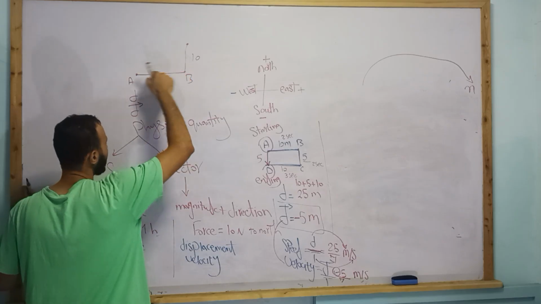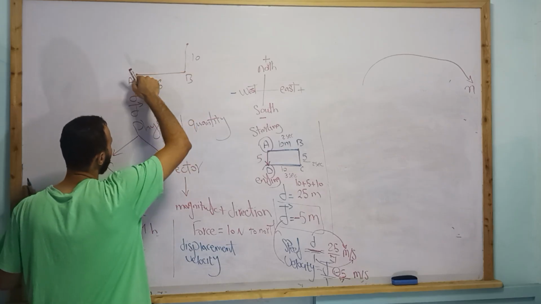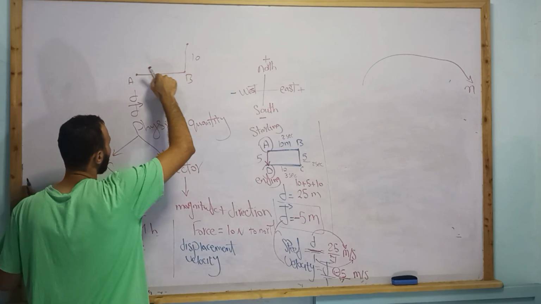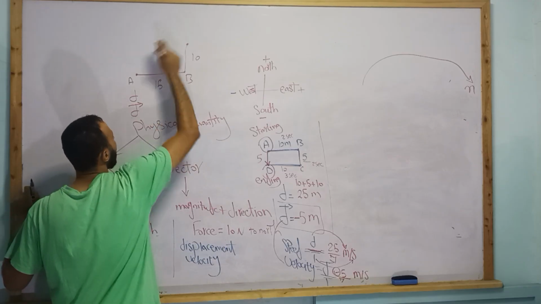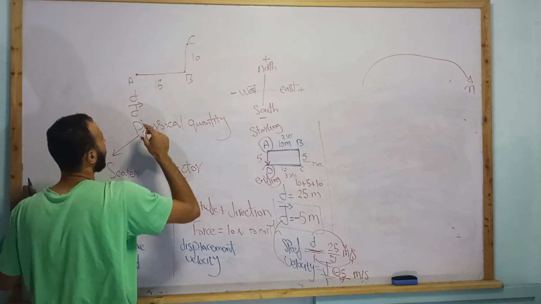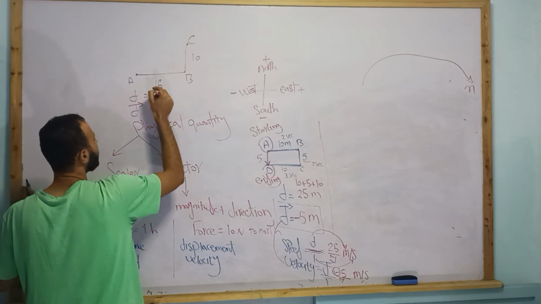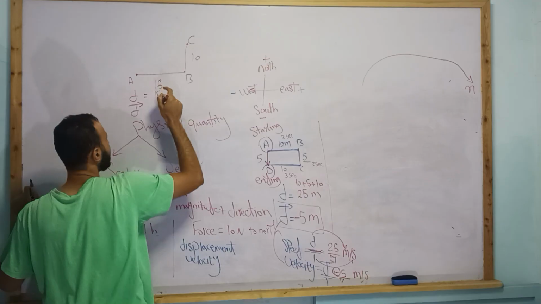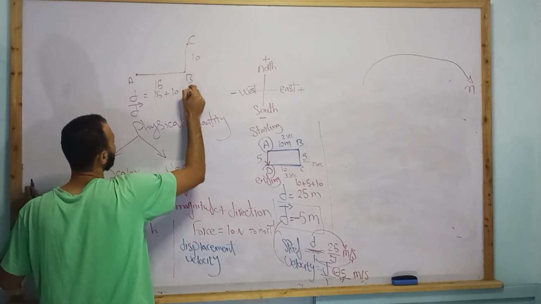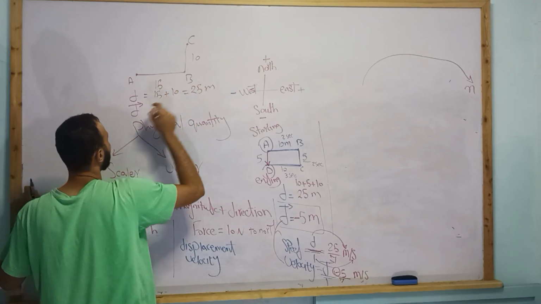Distance is the real or actual path that the person or the car covered, so he went from A to B, then to C. So the distance is equal to 15, which is this distance, plus this distance, 10, equal to 25 meter.